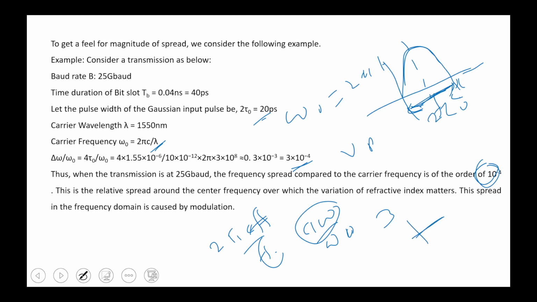That is why the center frequency will shift on both sides, on the order of 10 to the power minus 4 from the center frequency fc. Some signal waves may shift to this side and some to that side, due to the refractive index of the fiber. So this is an example of the material dispersion that happens in the optical fiber.